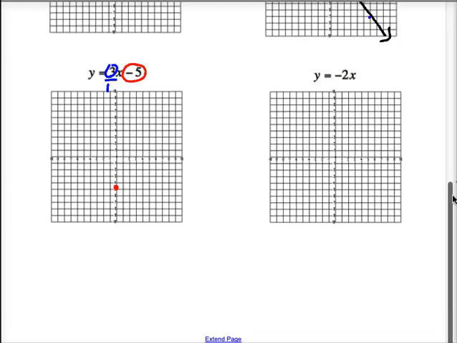Whenever you have a whole number, just think of it as over 1. So I go up 3, 3 over 1, up 3 over 1. Continue that pattern forward and back. And once you have all those points, that is what gives you your straight line.